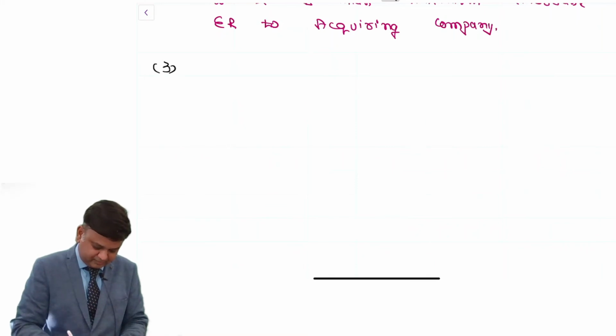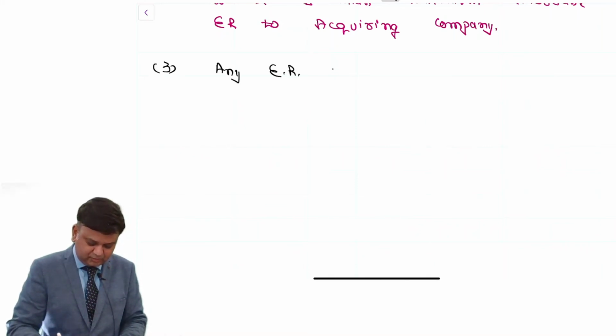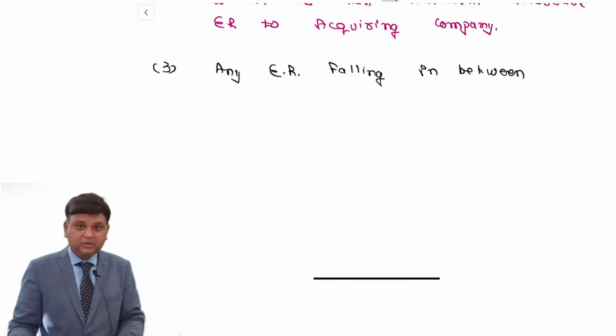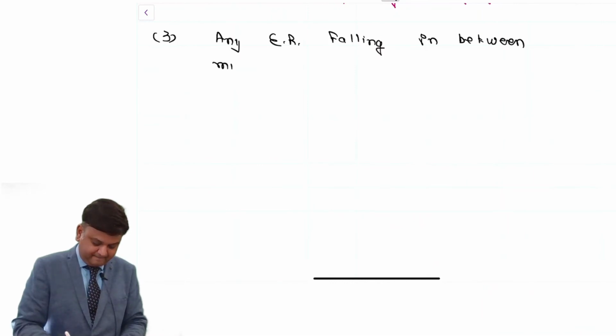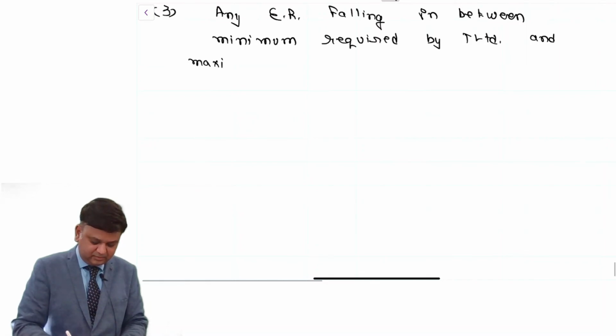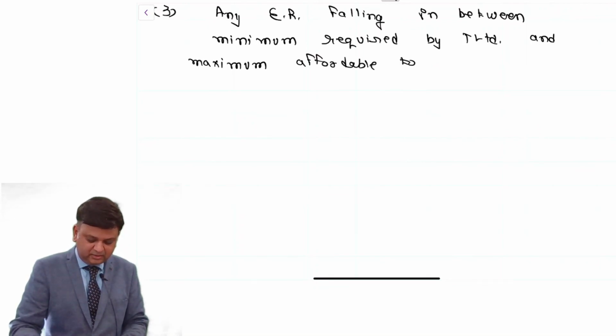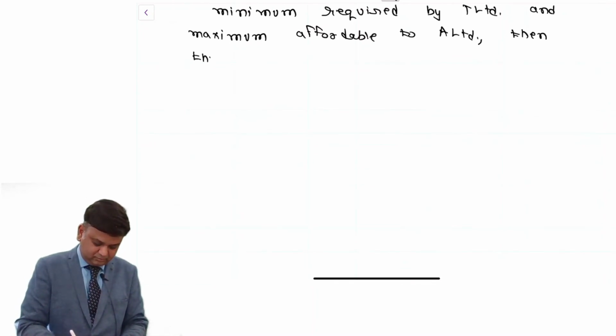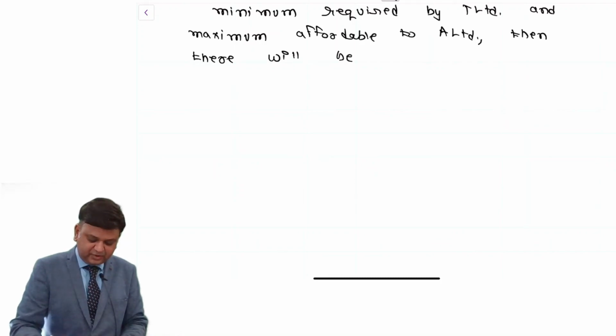Third point: any exchange ratio falling in between minimum required by T Limited and maximum affordable to A Limited, then there will be a profit to both of them.